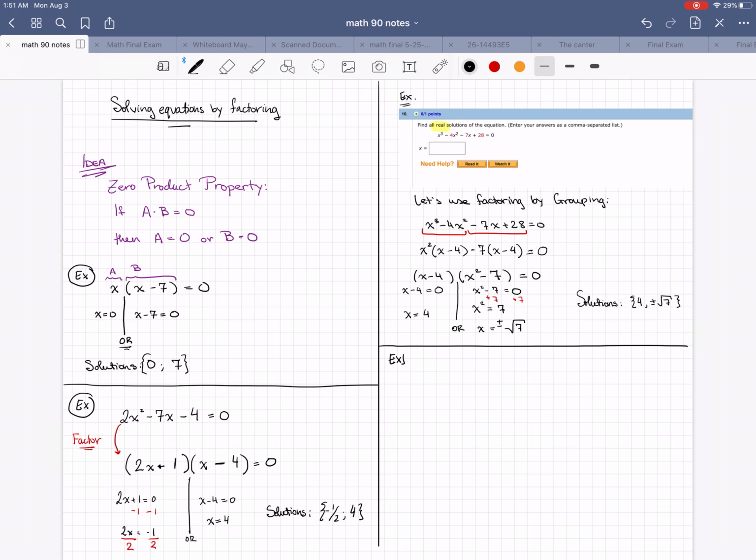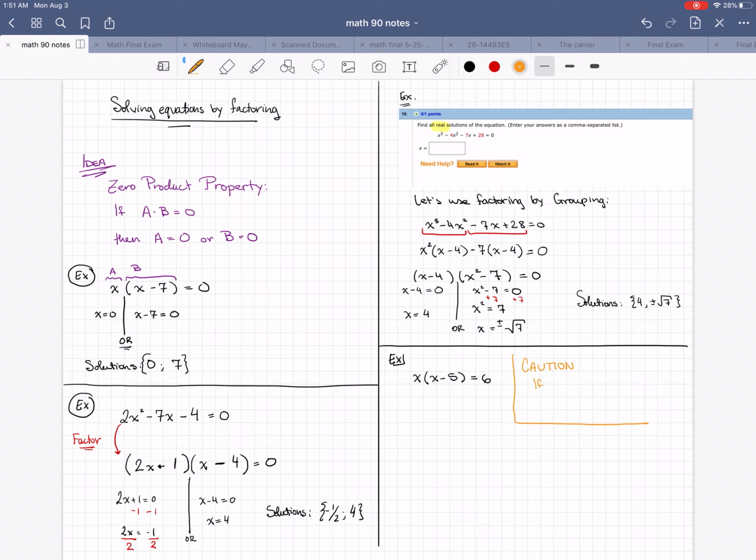Okay, so here's an example. Say that we have x times (x minus 5) is equal to 6. Okay, so here's the thing, and I'm going to do this in orange. Caution. This is a biggie. This is a big important one.